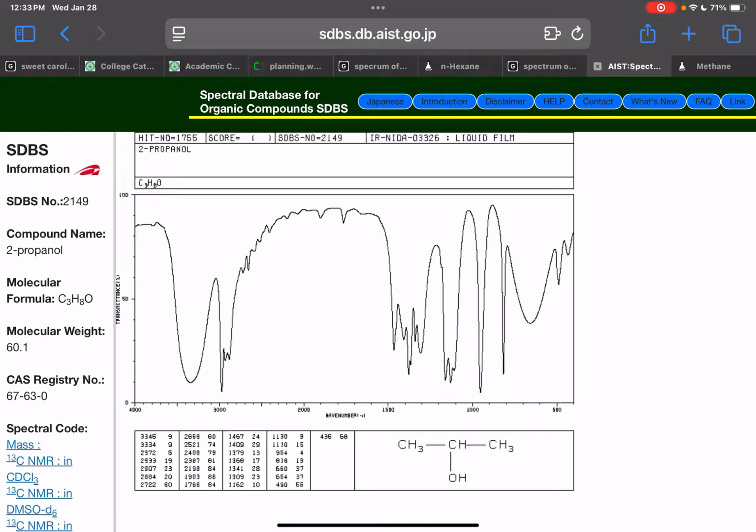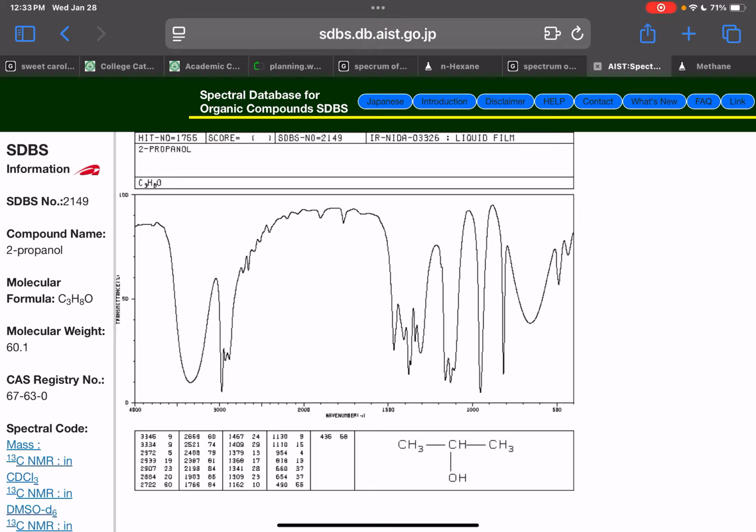So what I want you to do is find 4 different compounds of your choice. One of them has to be an alcohol, one of them has to be an amine, one has to be an alkane, and one of those has to be a carboxylic acid. You pick the ones that you use. I want you to find the spectrum, and I want you to label that spectrum as to which bonds correspond to which signals.